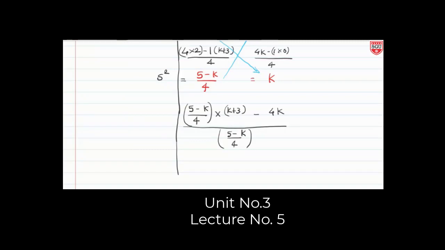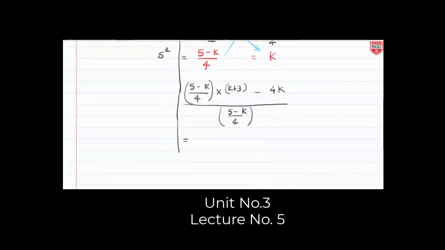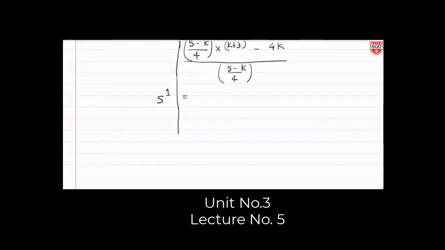If we solve it, it is not necessary to solve, or you can tell me the answer after solving this. What are you getting? Tell me the answer. That will be s raised to 1, by making the simplification. So what answer are you getting? K plus 3 minus k upon 5 minus k.